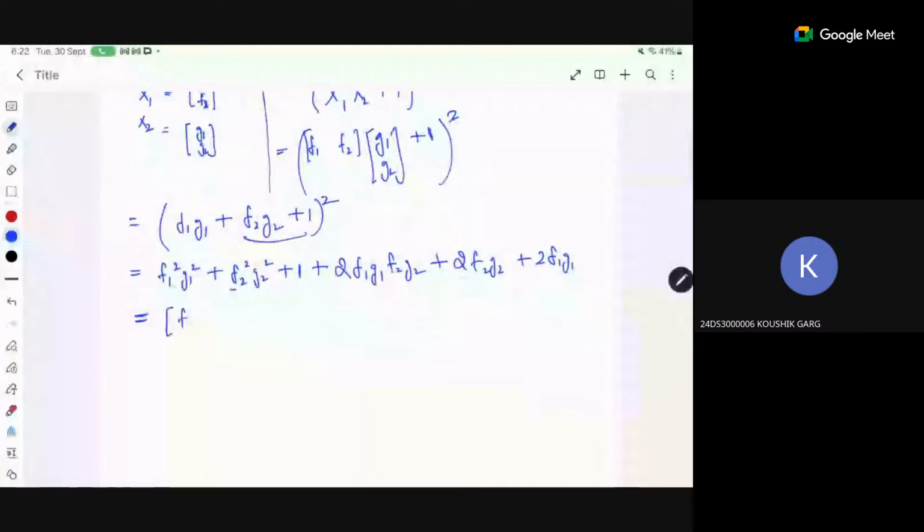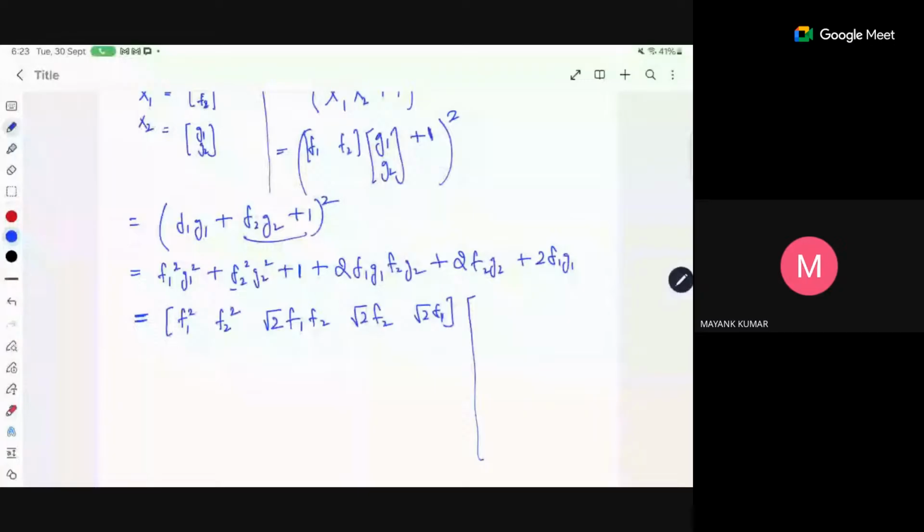F1 square, f2 square, under root 2 f1 f2, under root 2 f2, under root 2 f1. Right?